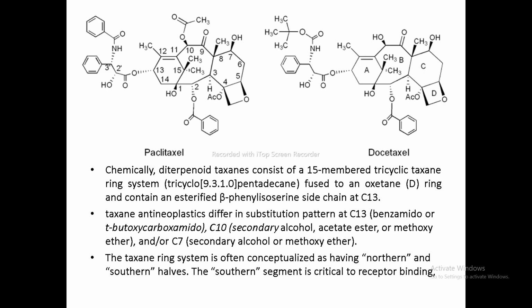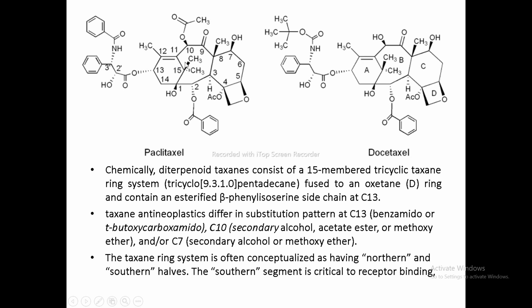So this is the structure of the taxanes. On the left side is the structure of Paclitaxel, and on the right side the structure of Docetaxel. Chemically, they are diterpenoid taxanes. So check it out, there are a total of 15 carbons in the ring of the taxanes.